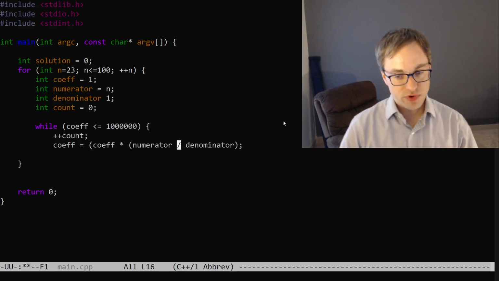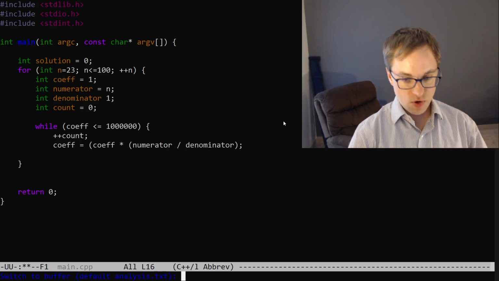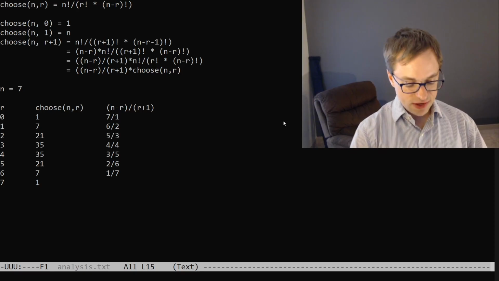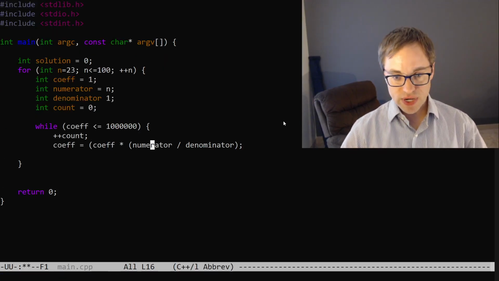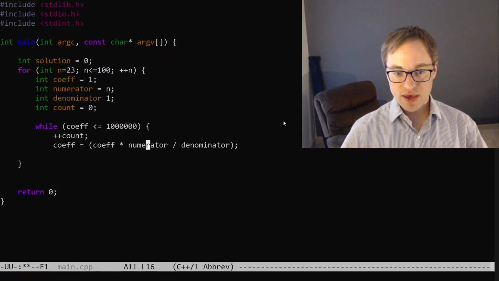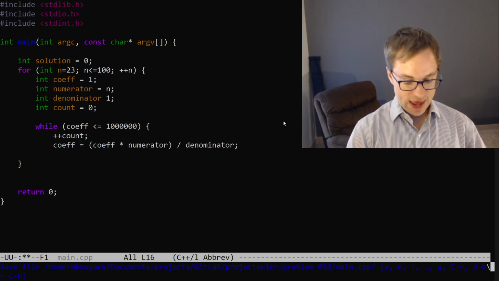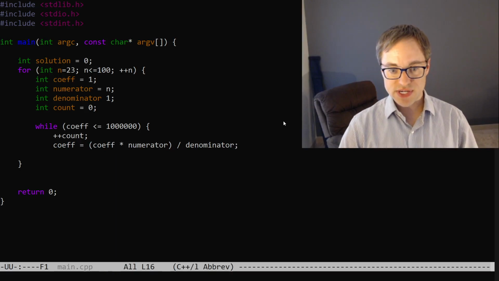We're not working with floating point numbers here. These are integers. And so you can see here, for example, 5/3 does not divide evenly. So we need to be careful to multiply the coefficient by the numerator first and then divide by the denominator.